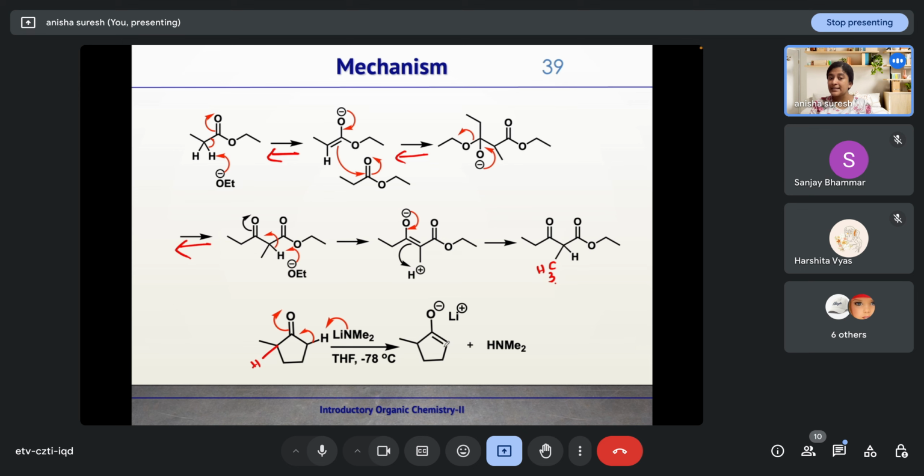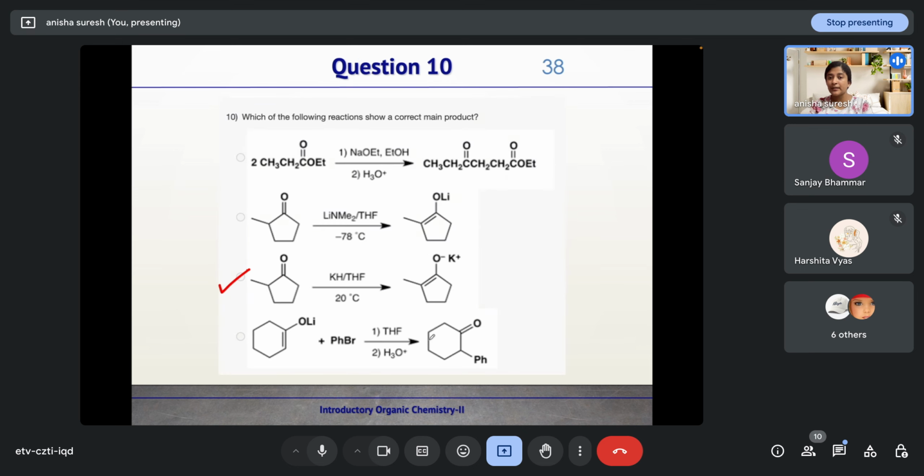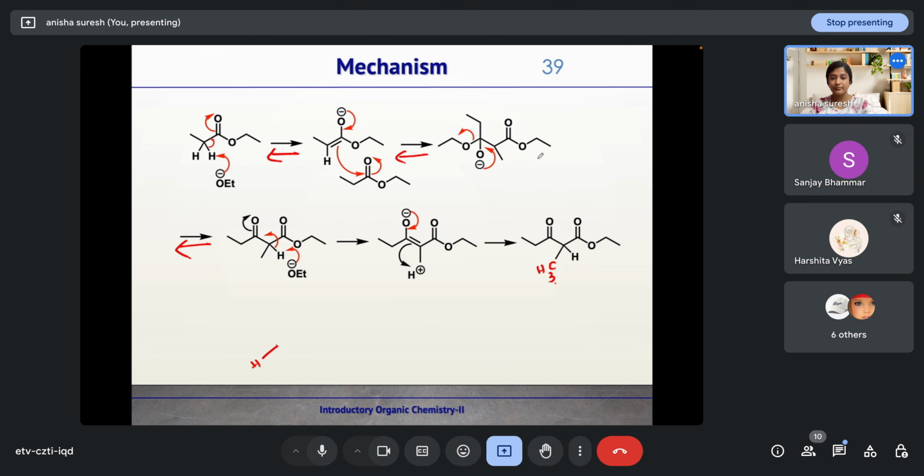So we will get this as the main product. So here in our question they have mentioned this as the main product. So this is wrong. So here instead of 2 CH2 there will be 1 CH3. So this is also wrong. So this is the main product that will be formed in this reaction.